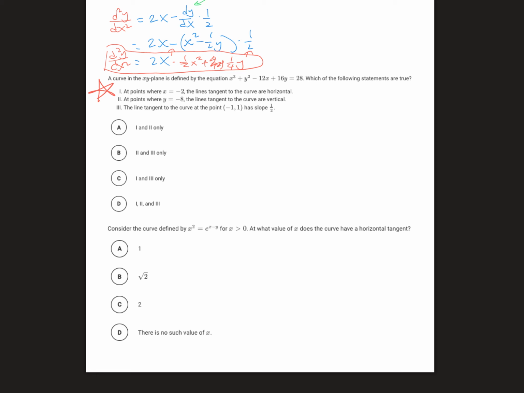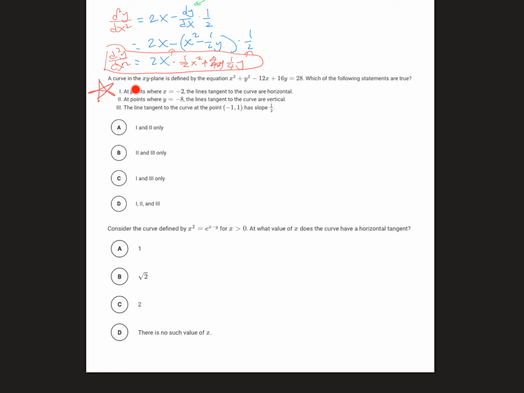Next question. This one is a good summary for us because it has a little bit of everything. A curve in the xy plane is defined by the equation. Which of the following statements is true? At the point where x equals -2, the lines tangent to the curve are horizontal. So you should be thinking, I need to find the derivative and set it equal to 0, because a horizontal tangent line has a slope of 0.